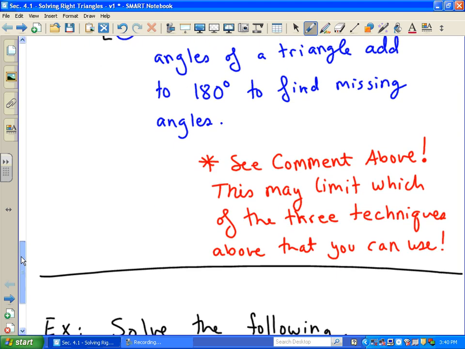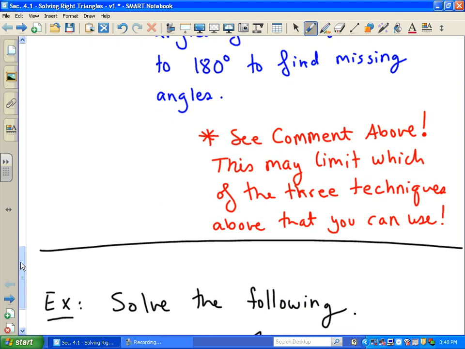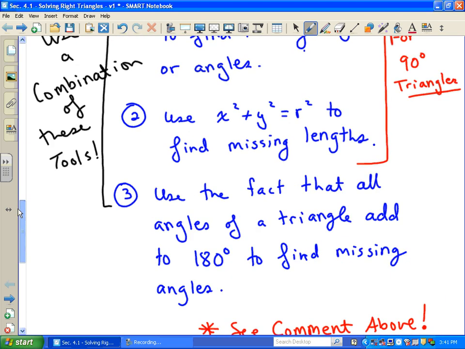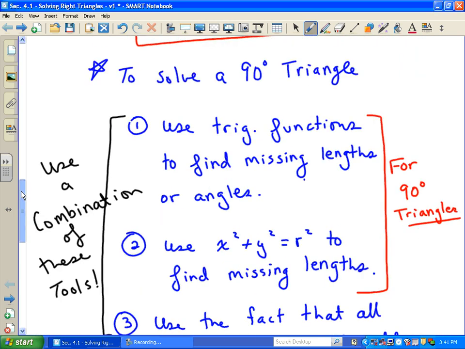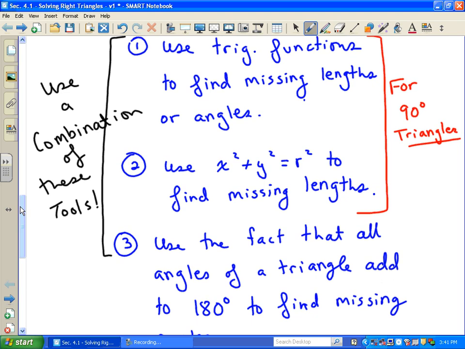All right. I've also put an asterisk down here below. I said, see the comment above, which was the comment I had in red that was boxed in. In other words, never use rounded or non-exact answers. And the reason I referred back to that is when you're looking at these three techniques, if I'm never wanting to use rounded answers, one of these techniques may not work to be able to find what it is I'm wanting to find.